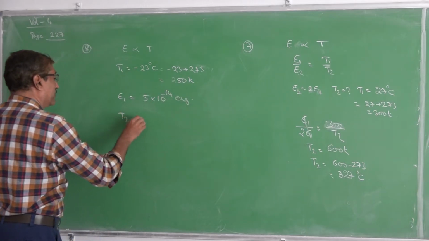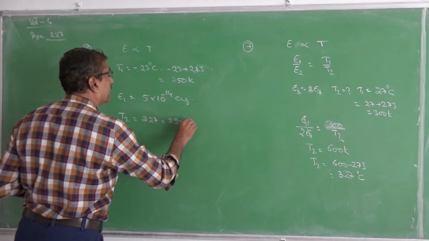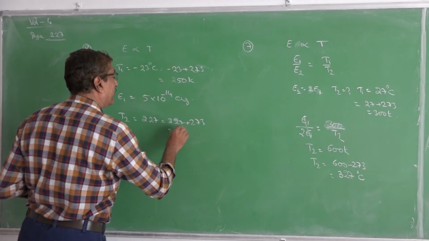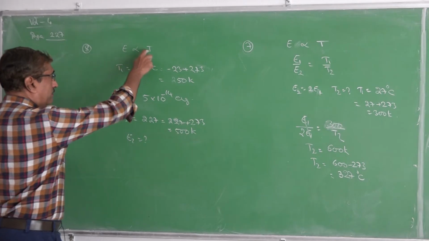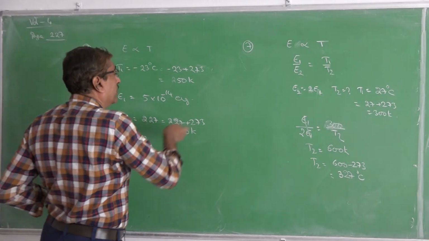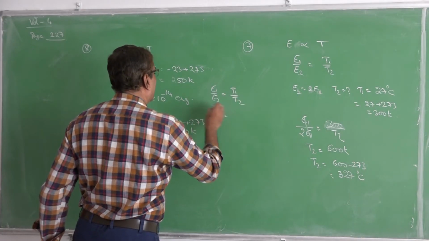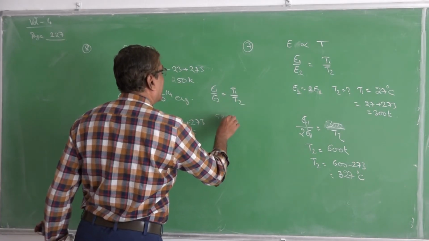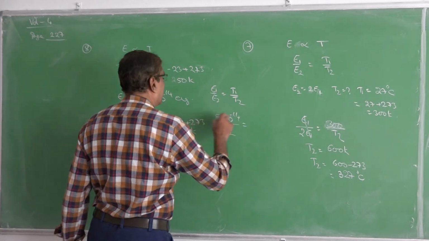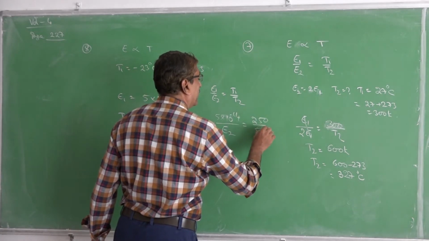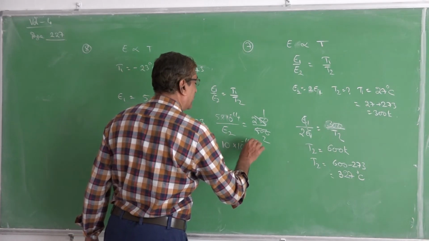Similarly, T2 is 227 plus 273, that is 500 K. E2 is unknown. From the relation E1 by E2 is equal to T1 by T2, that is 5 into 10 to the power minus 14 by E2 is equal to 250 by 500, that is 1 by 2. So E2 is equal to 10 into 10 to the power minus 14.